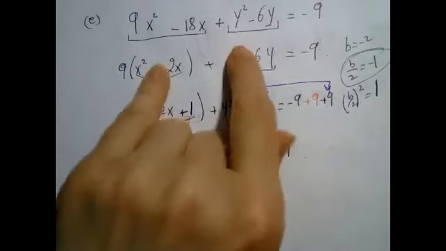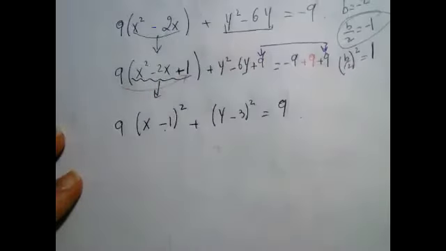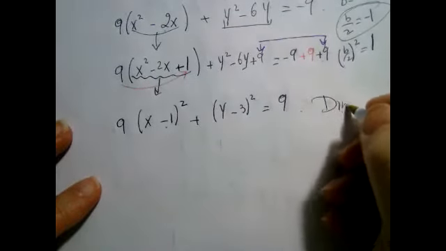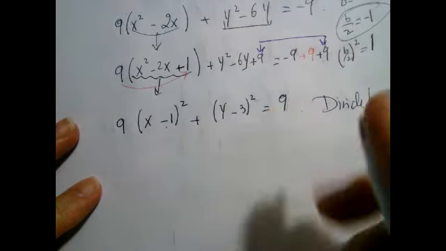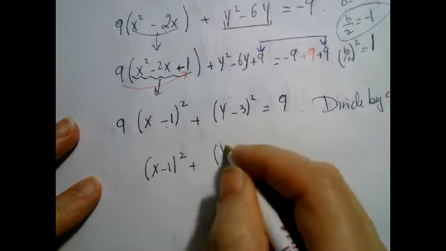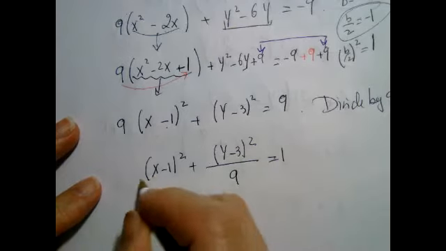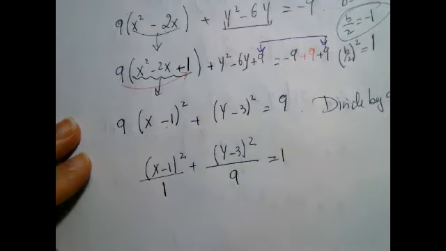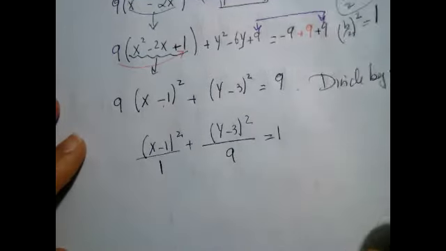So now this complicated expression that we have no idea what it is becomes a very simple expression. Now divide by 9 across the board, because I want to make this a 1. It will give me this over 9 equal to 1. And this will become over 1, because when I divide by 9, this will become a 1. This will become a 9, and this will become 2.